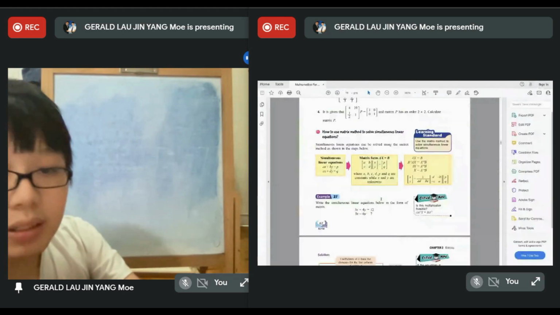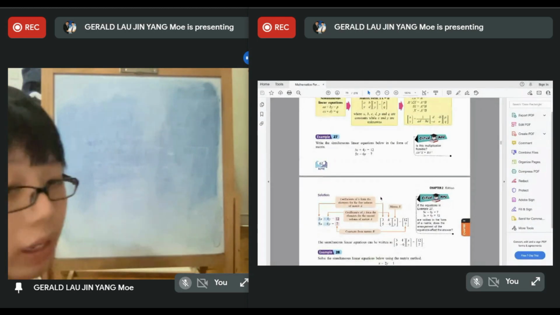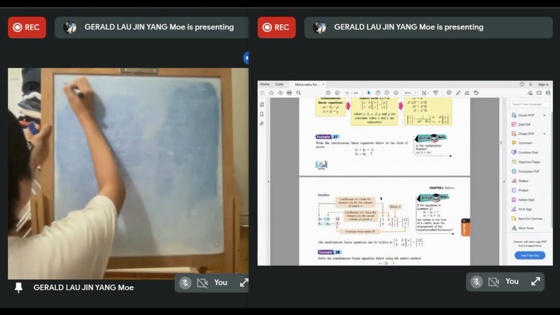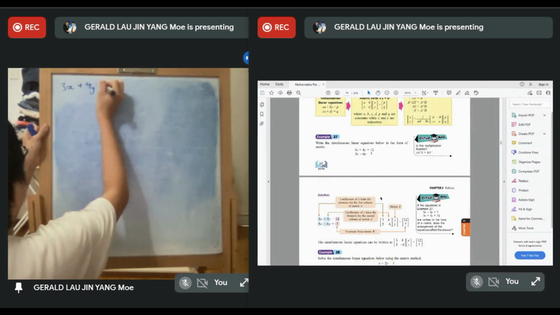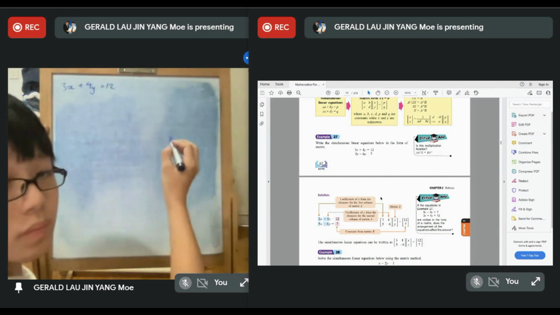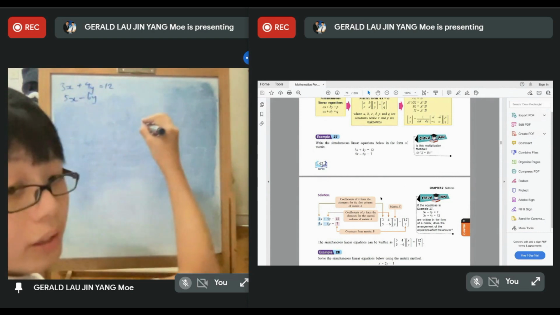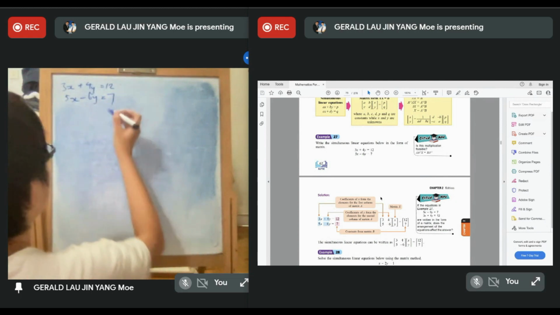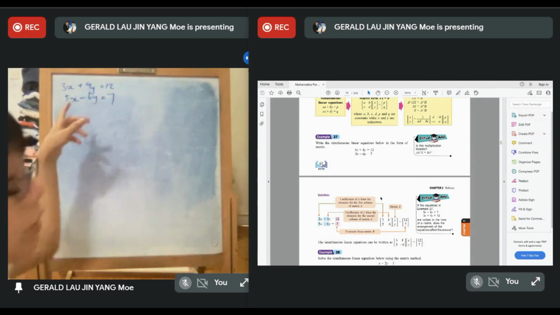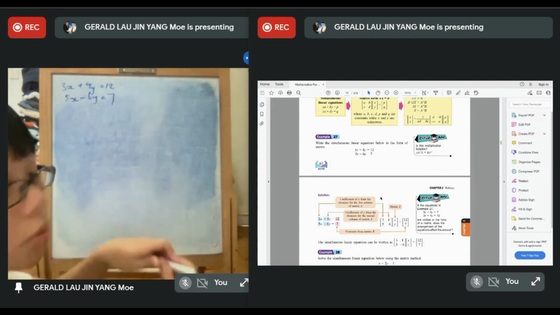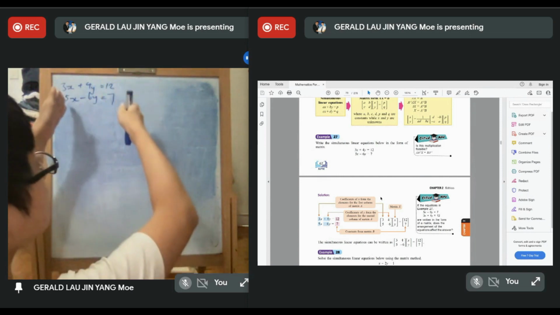Write down a simultaneous linear equation. So for example, 3x plus 4y equals to 12, right? 5x minus 6y equals to 7. Okay, you see, so how do you put into matrix form?